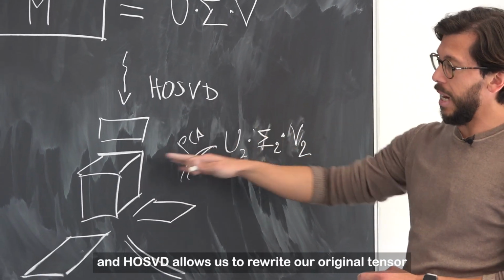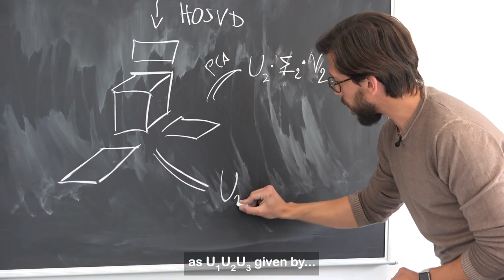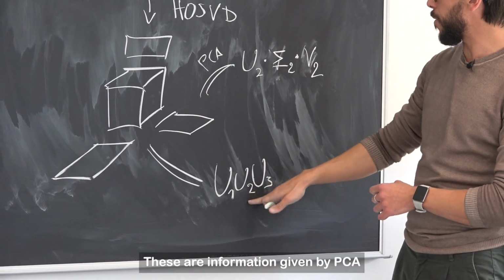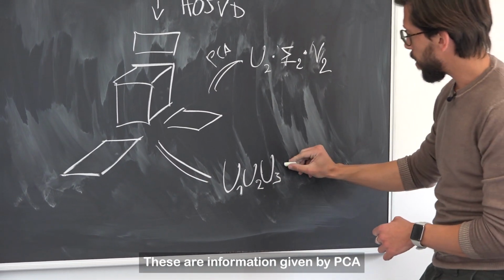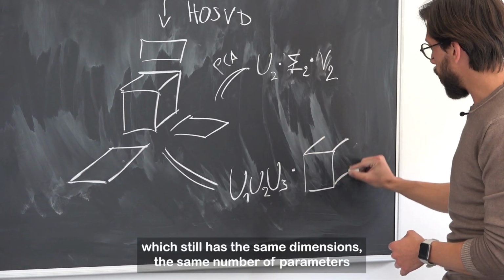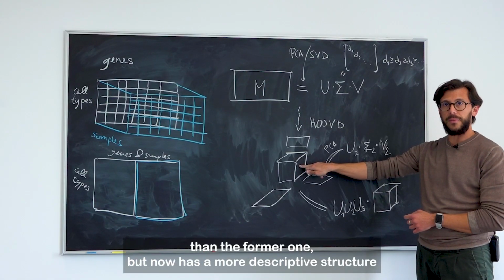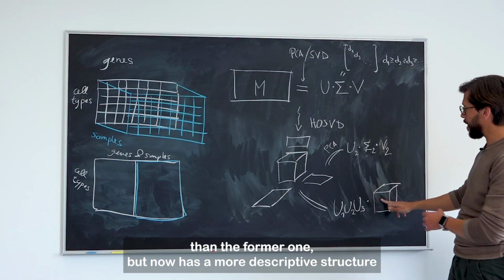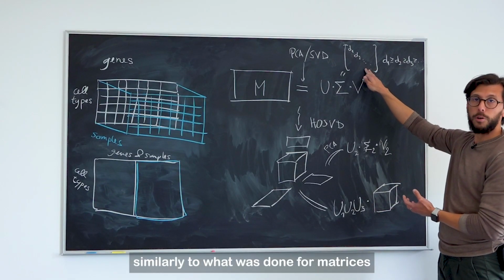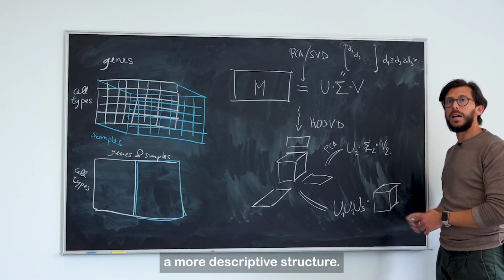HOSVD allows us to rewrite our original tensor as U1, U2, U3, which is the information given by PCA, applied to another tensor, which still has the same dimensions, the same number of parameters as the former one, but now has a more descriptive structure. Similarly to what was done for matrices, this won't necessarily be diagonal, but still a more descriptive structure.